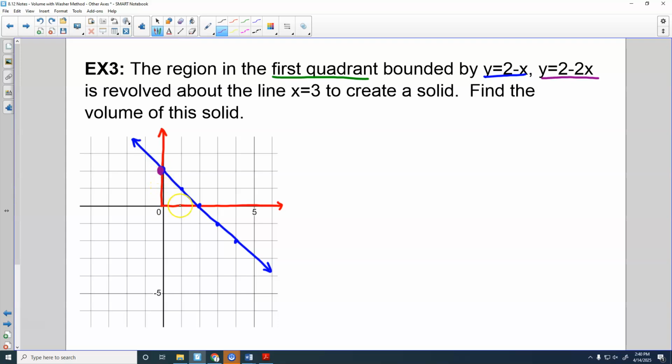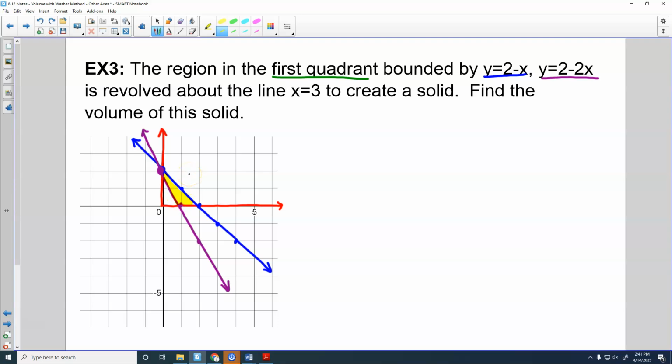So I go down 2, right 1. That gives me this. So, like I said, I should have made the scale on that graph different so that it was bigger and we could see it. But we're looking at this area right here. That is going to be what falls in that first quadrant between those two functions.